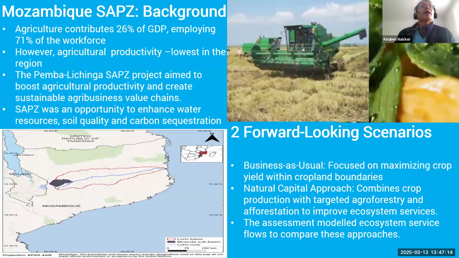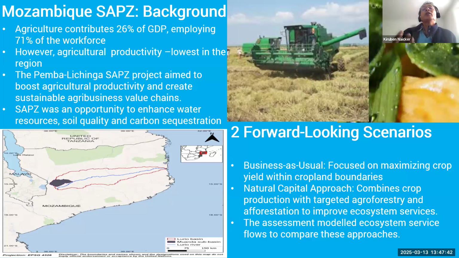The SAPZ was therefore an opportunity to enhance water resources, soil quality, and carbon sequestration, improving the agricultural productivity in northern Mozambique, and there's the map on your left, bringing together smallholders out of subsistence farming and into a competitive and inclusive agribusiness sector.